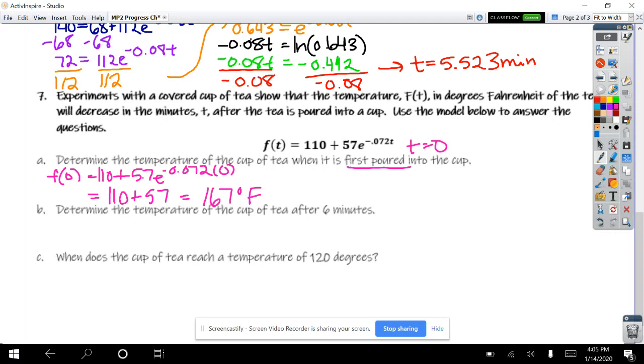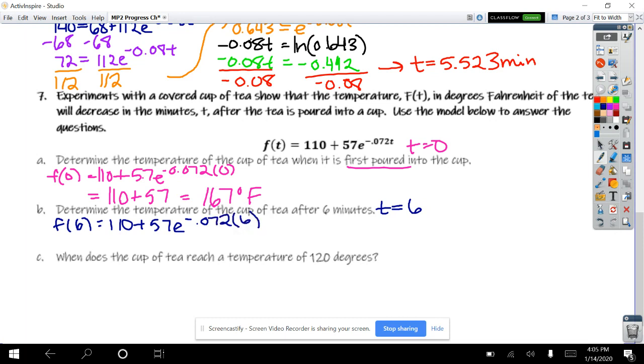Next one, it says determine when after 6 minutes, so that's saying T is 6. So we plug in F of 6, 110 plus 57 e to the negative 0.072 times 6. I just realized in the last one I added the 0 before the decimal, but it doesn't make a difference.